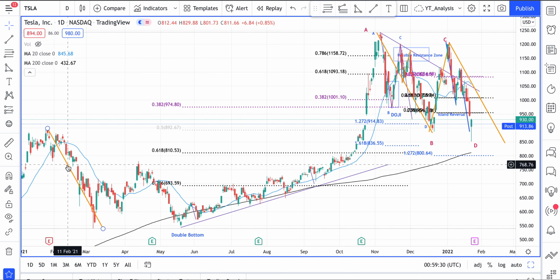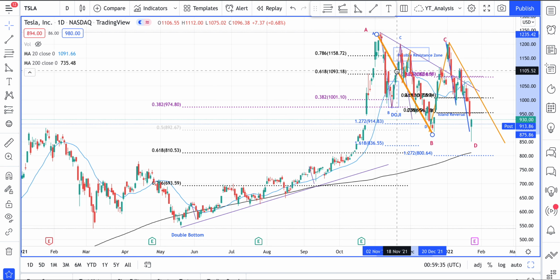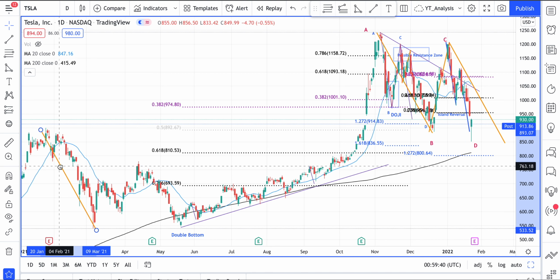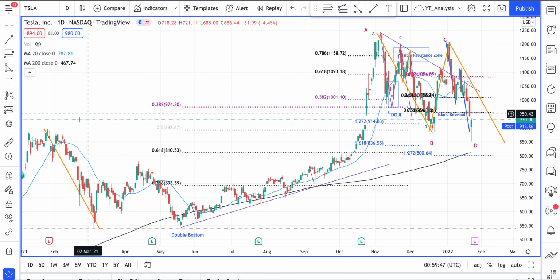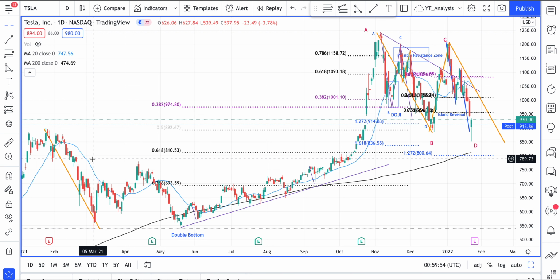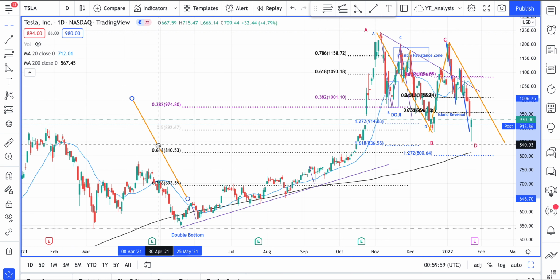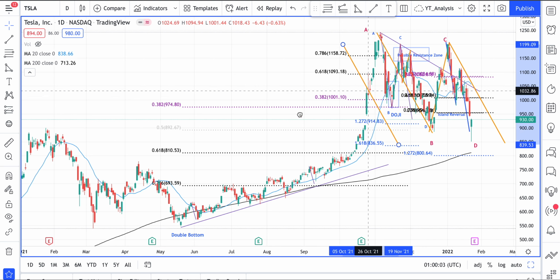These moves AB and CD are actually equal to the correction we had at the beginning of last year, somewhere around the 25th of January till early March. If you look at the amplitude, you see that it's equal.